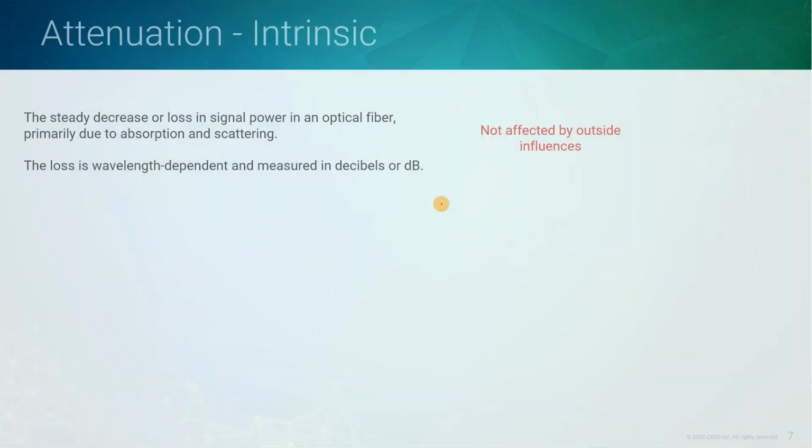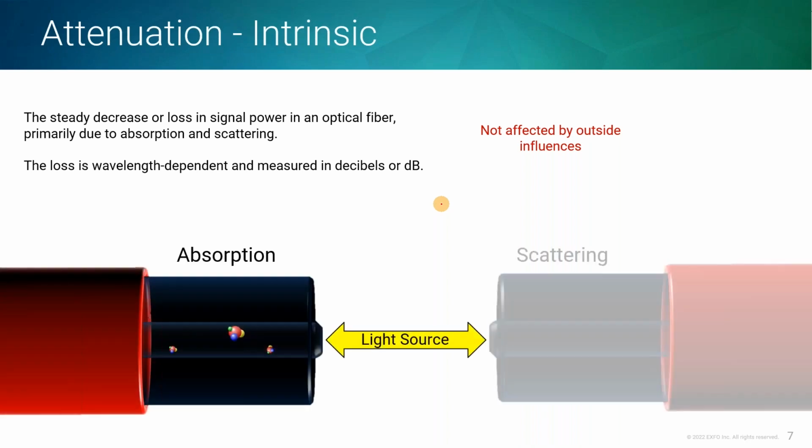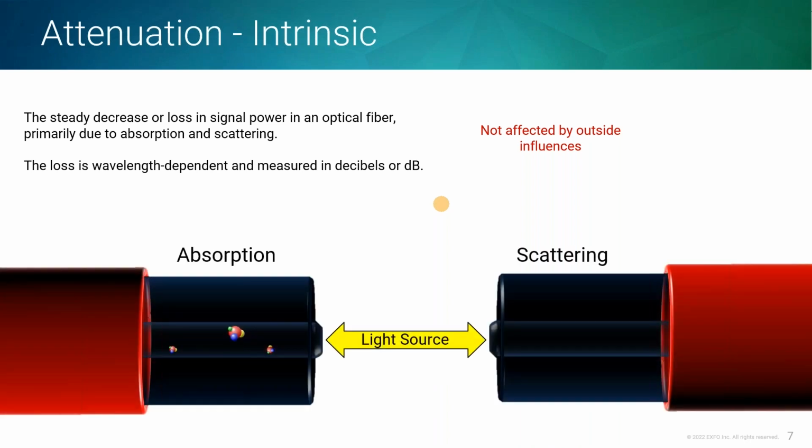And so, of the two biggest parameters we're looking at, attenuation or the loss of power is one of them. And there's really two ways that it happens. One is intrinsically. Intrinsically meaning this is the loss of the glass itself, of the fiber itself, through absorption and scattering. So as that laser, that signal travels across the fiber, a portion of it gets absorbed or scattered, and then we have loss.